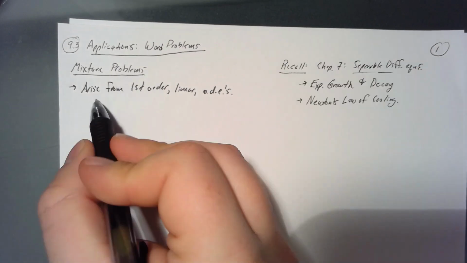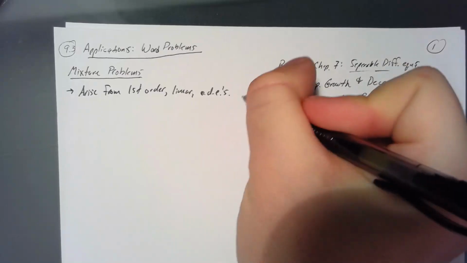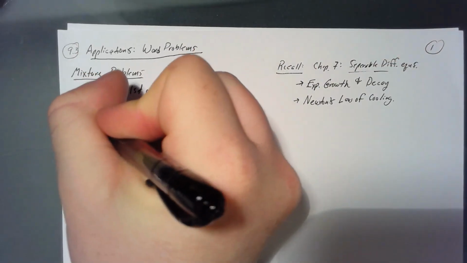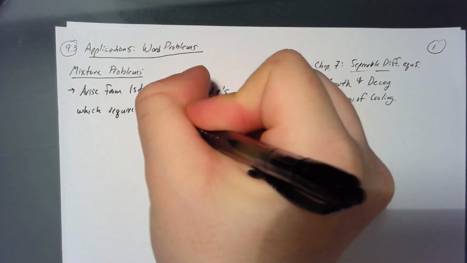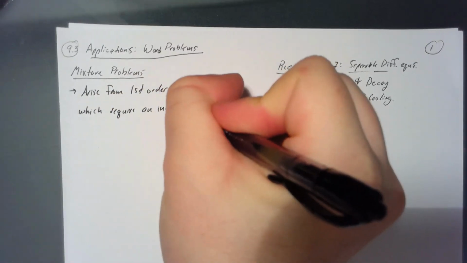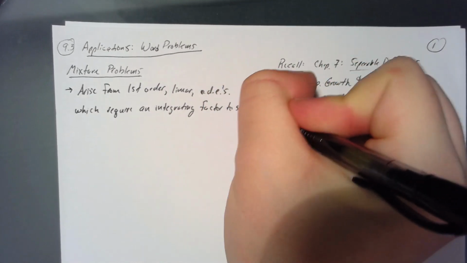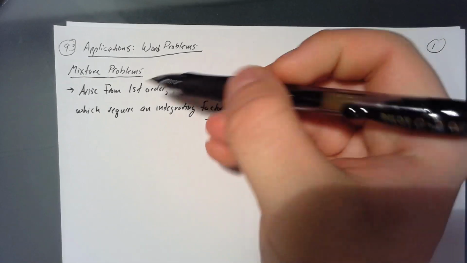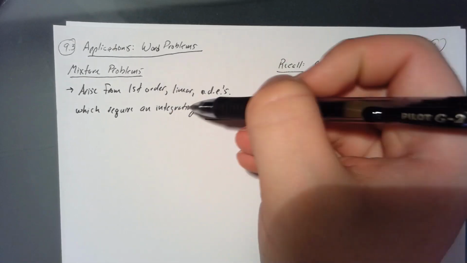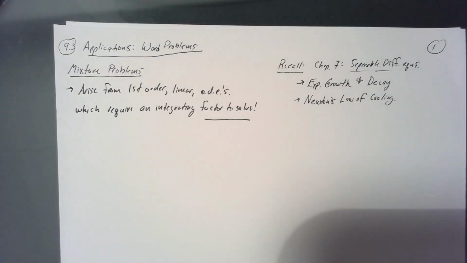So mixture problems arise from first order linear ODEs, which require an integrating factor to solve. Sometimes that's not true, but generally most mixture problems, as you'll see, will require the methods we learned in 9.2.